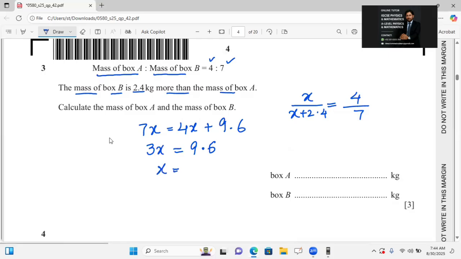So x is equal to 9.6 over 3, which is 3.2. So that is x, the mass of box A, 3.2 kg. And after that, 2.4 should be added to get the mass of box B. Then it will be 5.6 as the mass of object B.